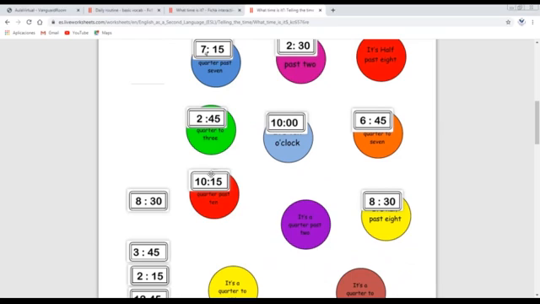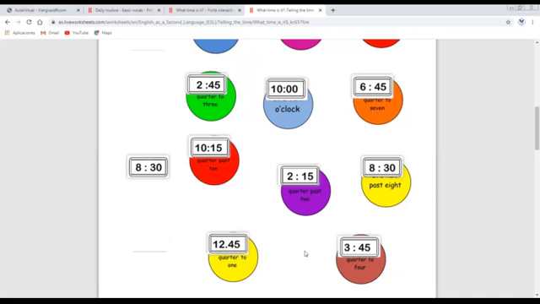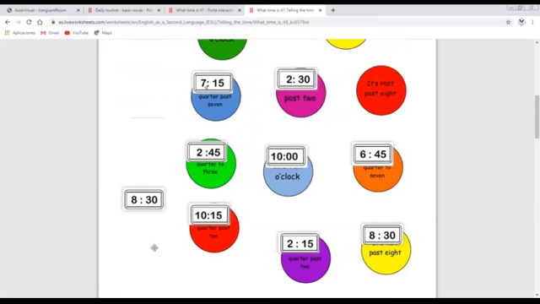Next, it's 3:45. Next, it's 2:15. And the last one, it's 1:45. Sobró un reloj, ok, es porque se repite.